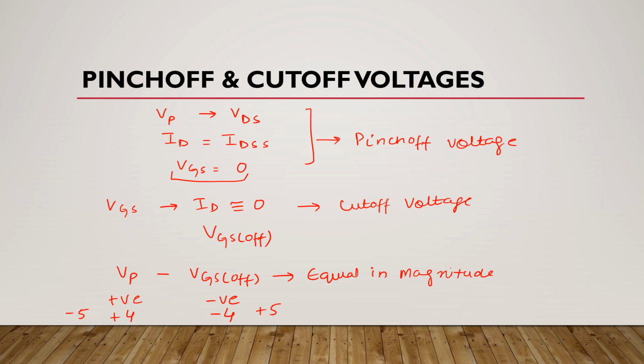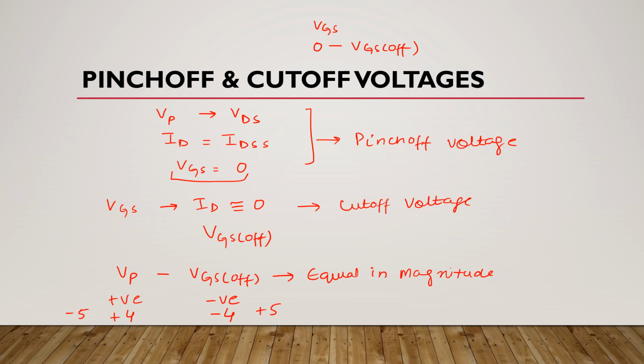These junction field effect transistors must be operated between this range of VGS, which starts from 0 to cutoff voltage.